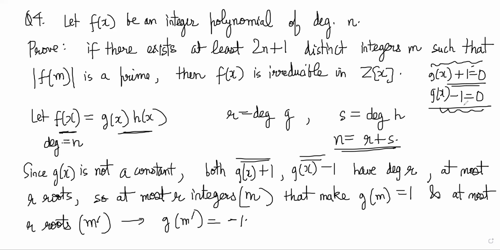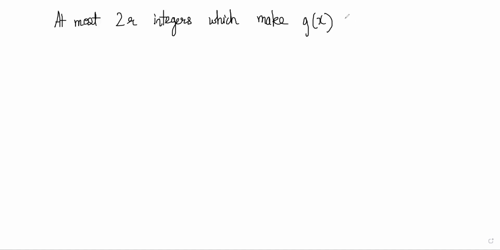So there are at most r integers such that g of x is plus 1 and r integers such that g of x is -1. That is the maximum case. So what we can conclude from here is there are at most 2r integers which make g of x equal to ±1, right?